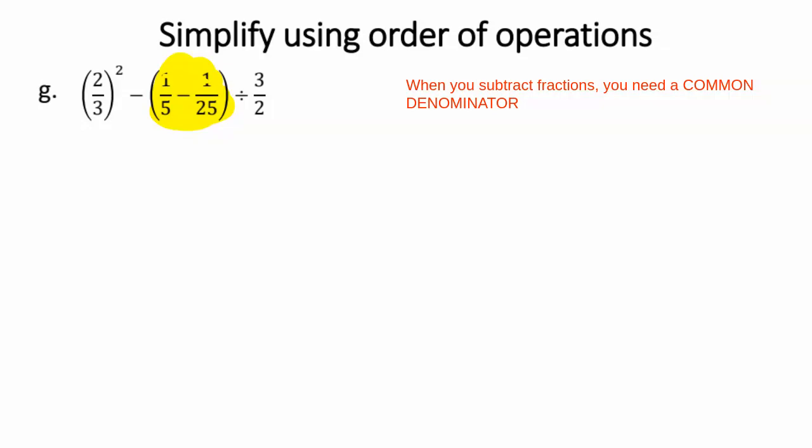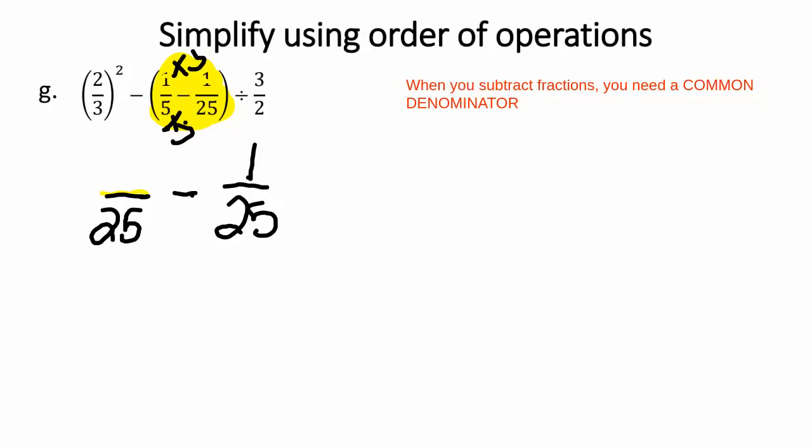So dealing with what's just in the parentheses, I have to make both of these a 25. Five times 5 is 25, which means 1 times 5 is 5.